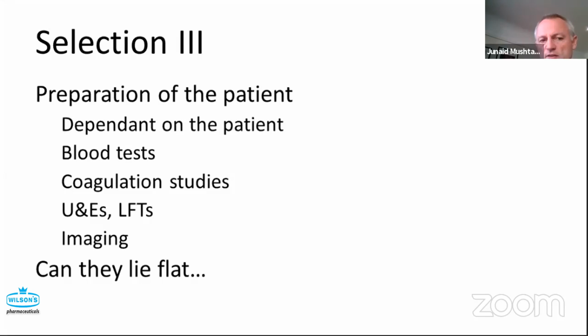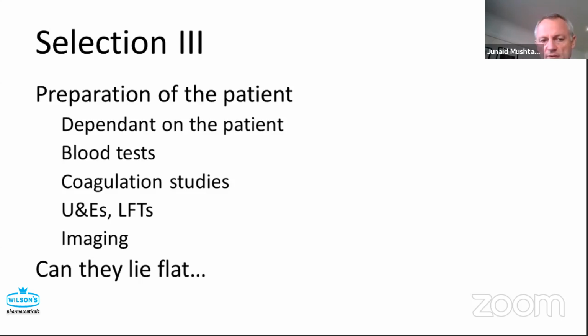So the preparation of the patient is actually dependent on the patient. There are many, many tests that we can do for everyone, but very frequently this is not actually indicated. I think everyone should have up-to-date blood tests for anyone who has a coagulopathy or who has obstructive jaundice, just like this lady that I've told you about.